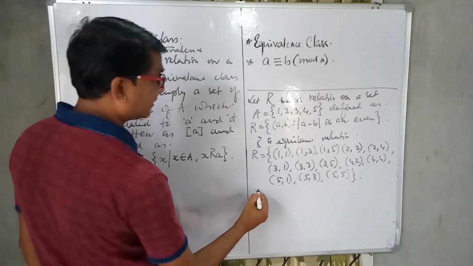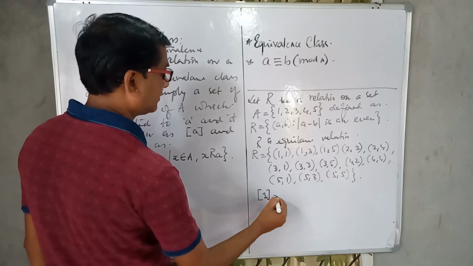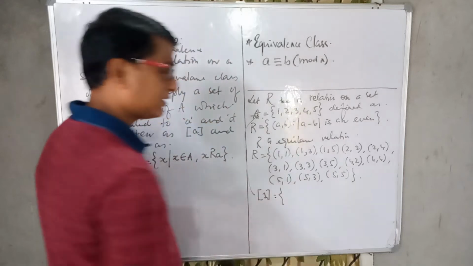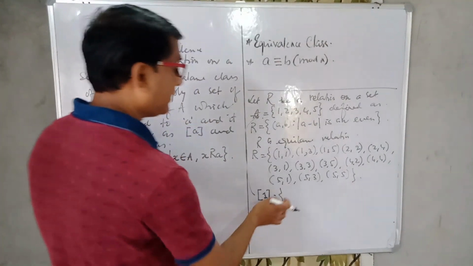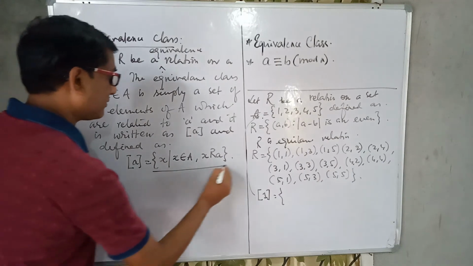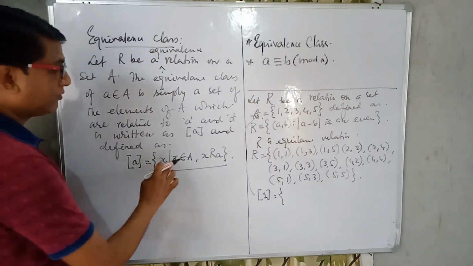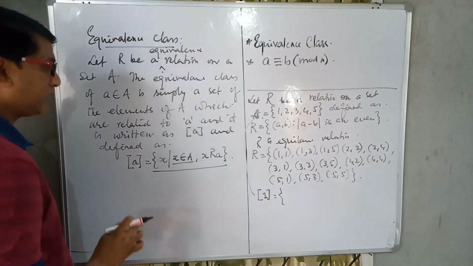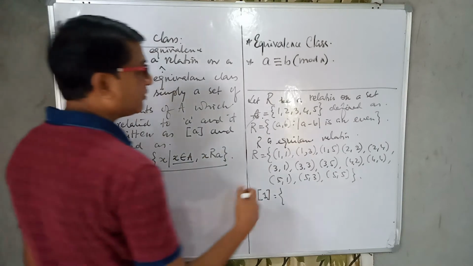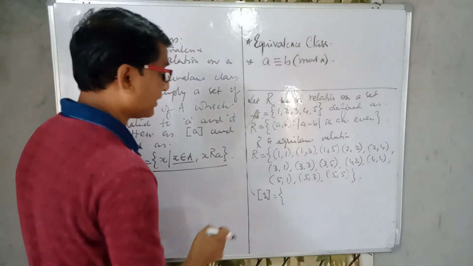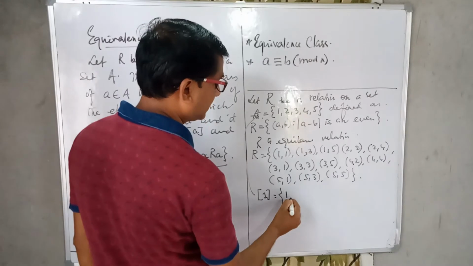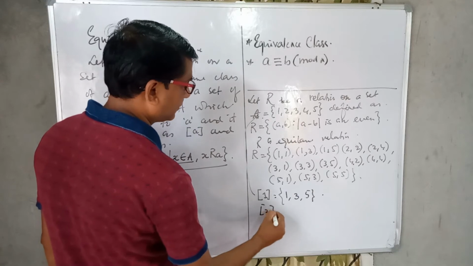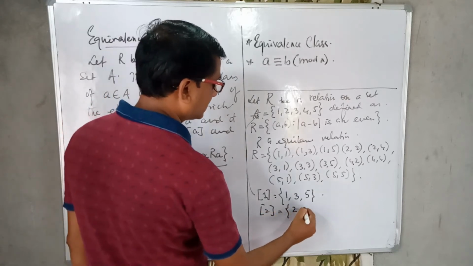Now if we are asked to find the equivalence class of 1, it is a set of x where x belongs to A and x is related to 1. So we need to find the elements related to 1. The equivalence class of 1: 1 is related to 1, 3 and 5. The equivalence class of 2: 2 is related to 2 and 4.